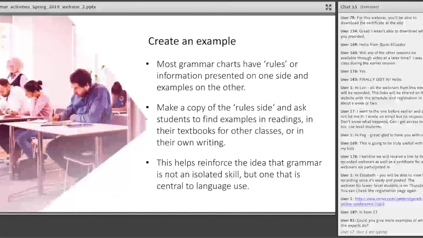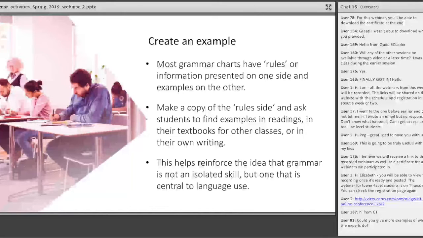And I think all of us who have taught grammar know that sometimes, because of the material we're using, we get a message from the writing teacher that says, I don't know what you're doing in grammar class, but your students don't know how to use past tense, or your students aren't clear on how to have subjects and verbs agree.